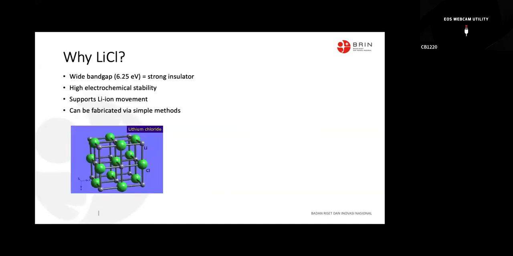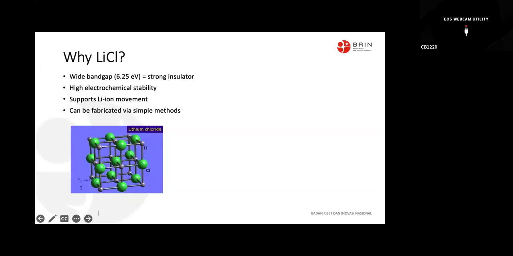So what we need is a material that can effectively block electrons while still allowing lithium ions to pass through freely, and ideally something that's simple and cost effective to apply. So why lithium chloride? First, lithium chloride is known as a wide band gap material, making it a strong electronic insulator.